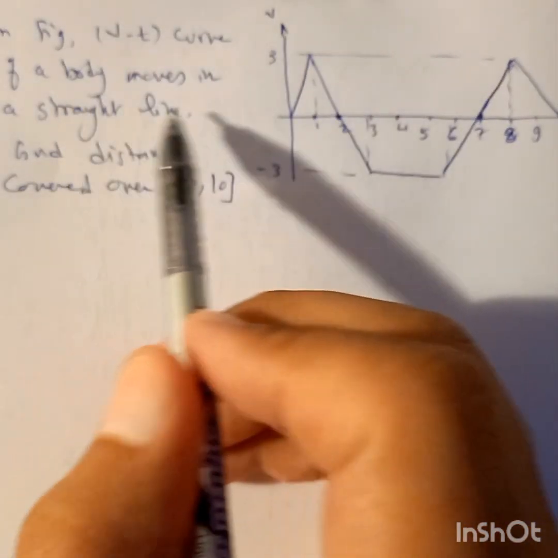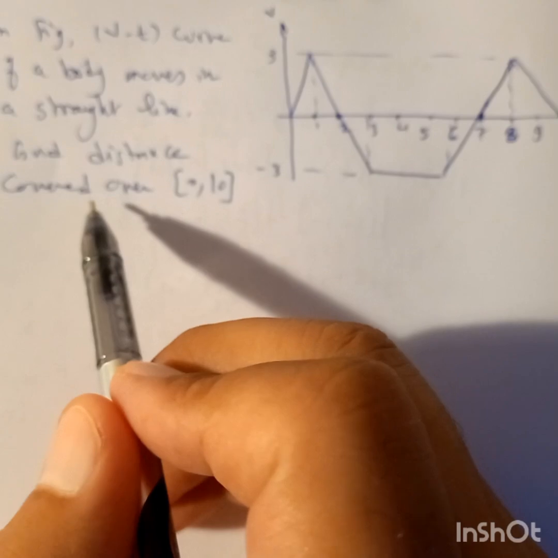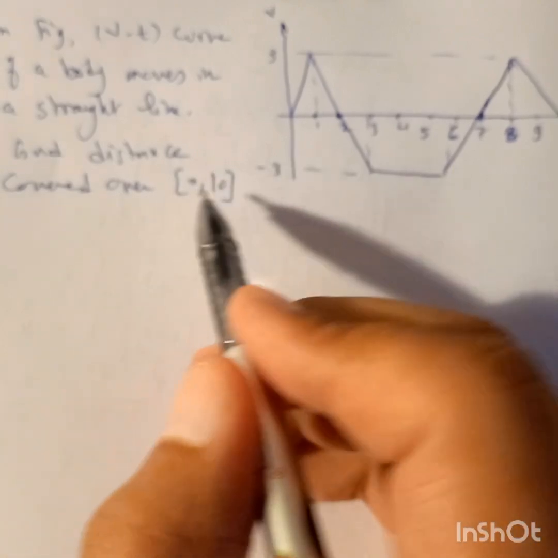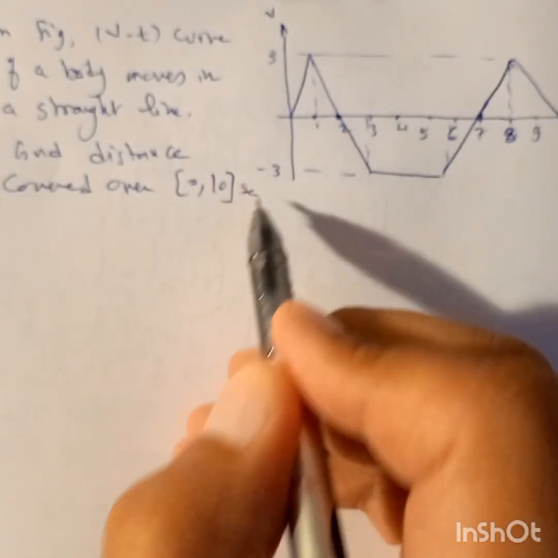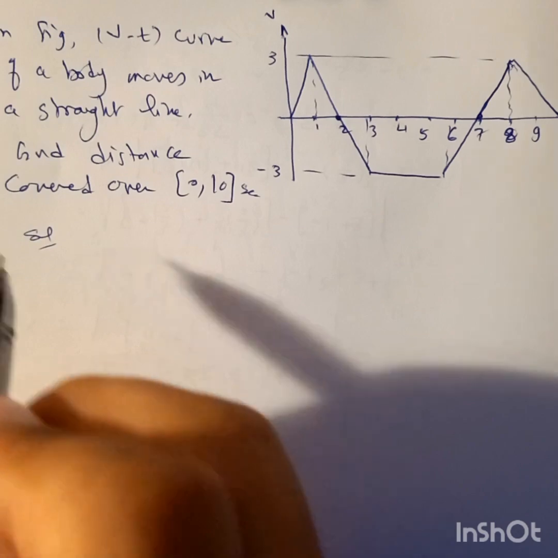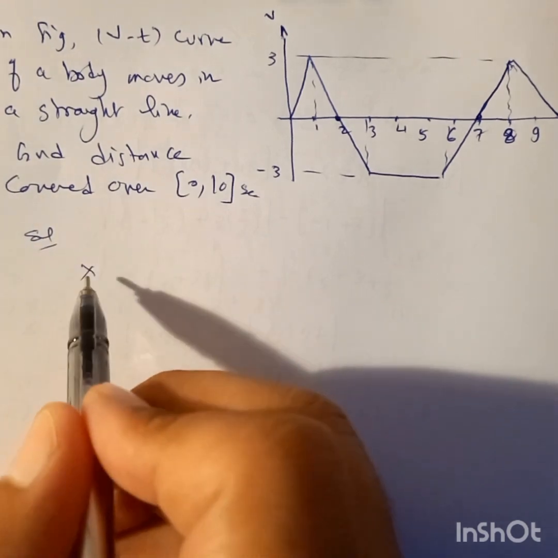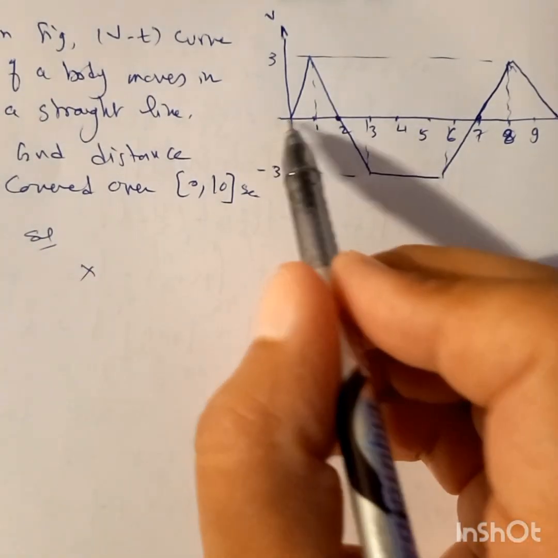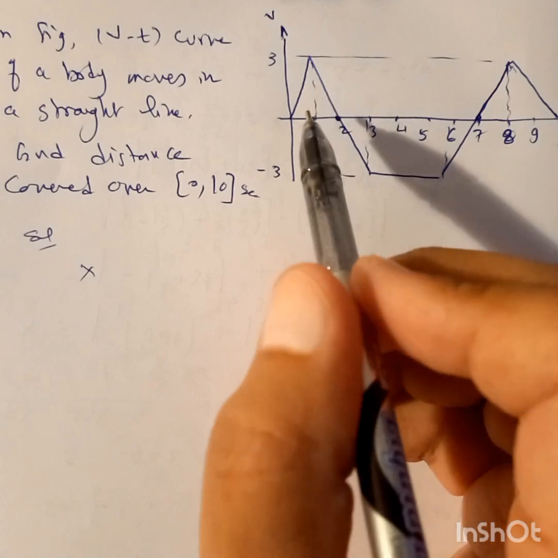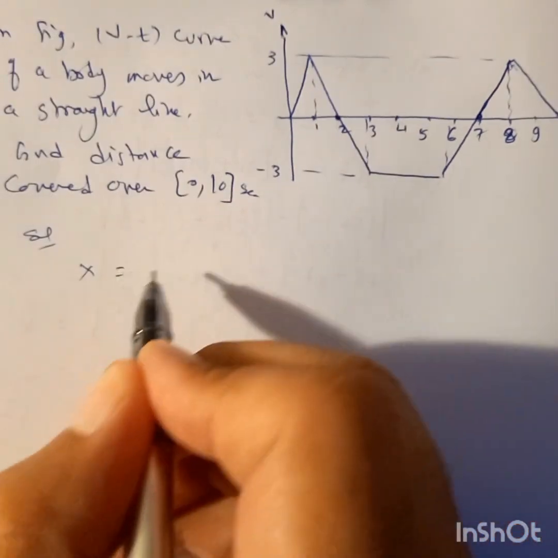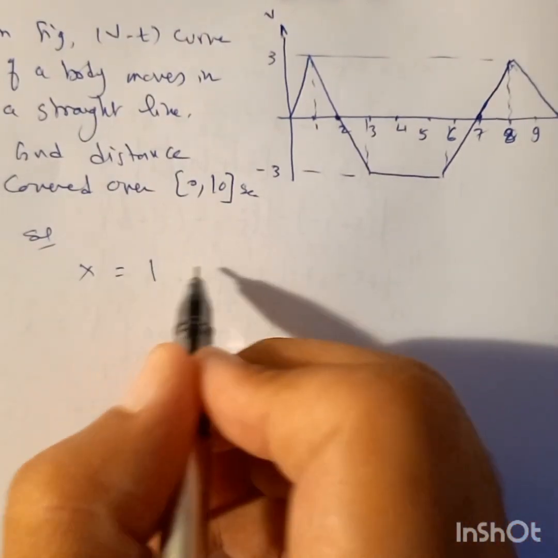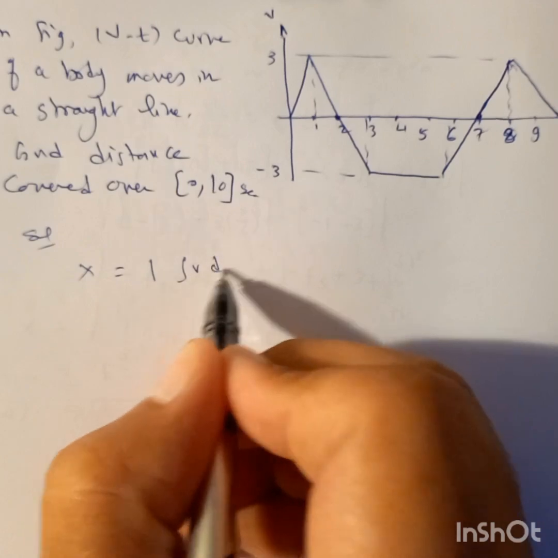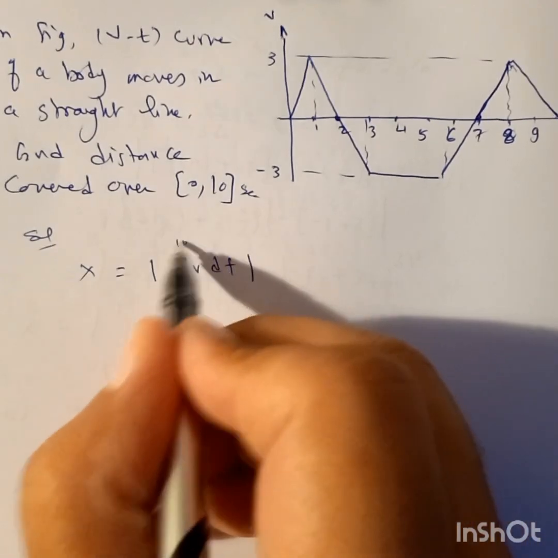The VT curve of a body moves in a straight line. Find the distance covered over the time interval from 0 to 10 seconds. Here we have x, the distance covered during this time interval, equals the modulus of v dt, from 0 to 10.